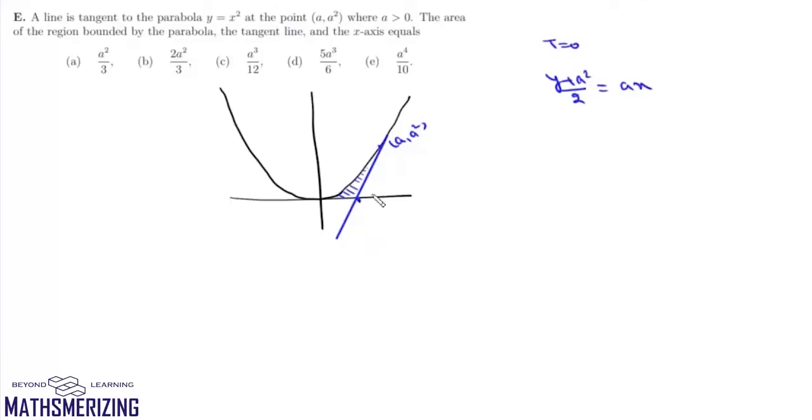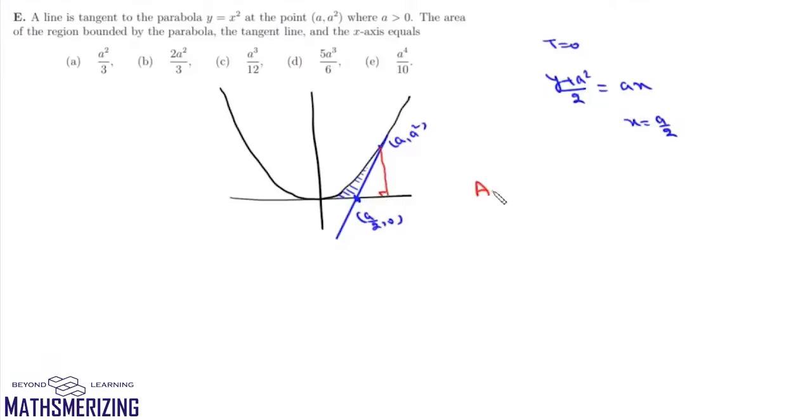Now we need to find this point of intersection with x-axis. So for x-axis, we'll put y as 0, and if we put y as 0, we'll get x as a by 2. So this point is a by 2 comma 0. Now in order to find this area, we'll find area under this parabola with the x-axis, and then we'll subtract area of this right angle triangle.